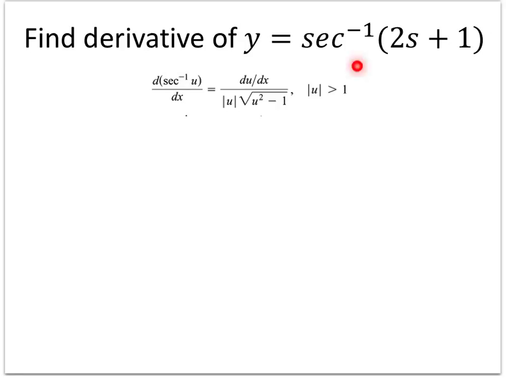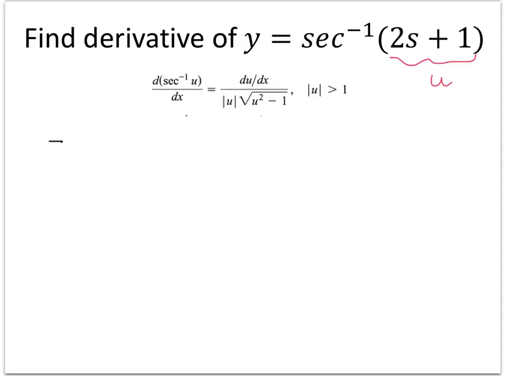So I want to find this derivative. My definition says that the derivative is going to be 1 over the absolute value of u, where that's your u. That's why I said it's a good idea that you've learned to say the u is what's inside the parentheses, and then the square root of u squared minus 1, and then times this derivative.